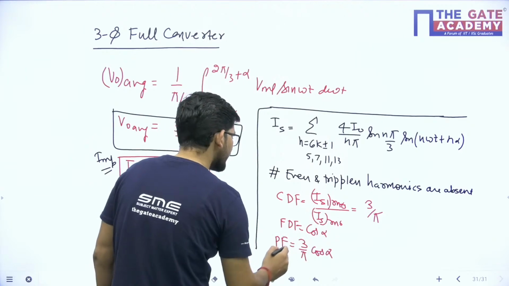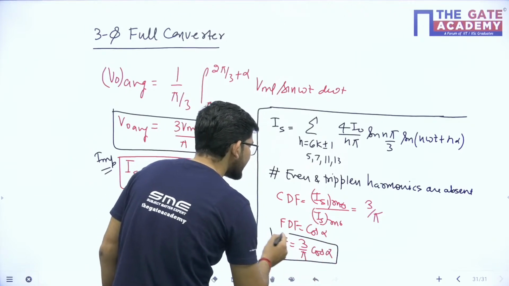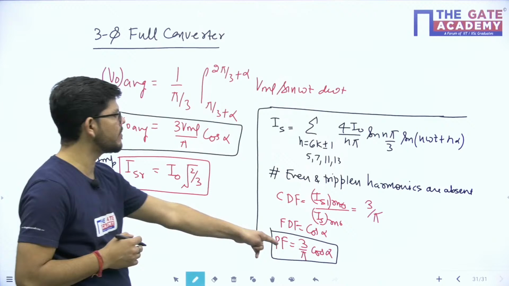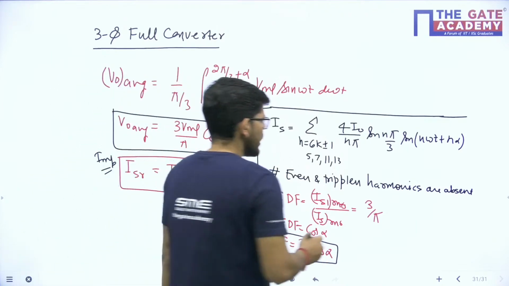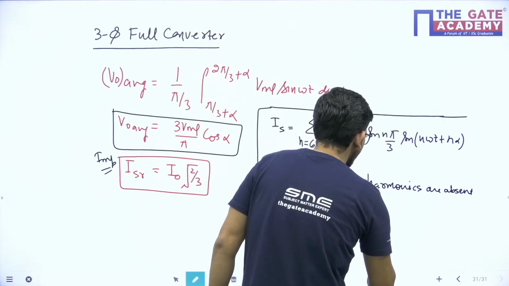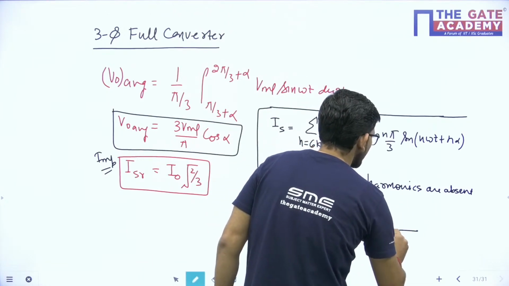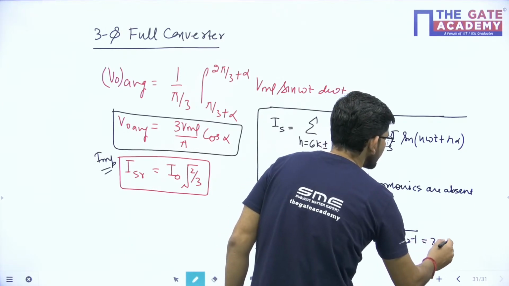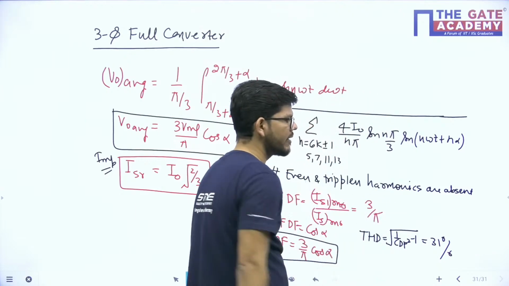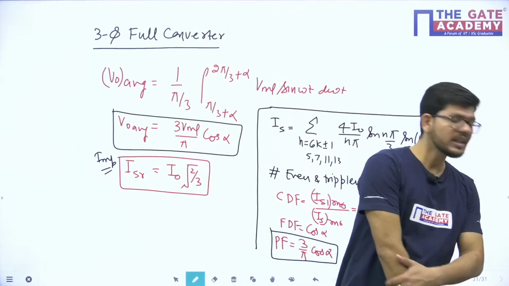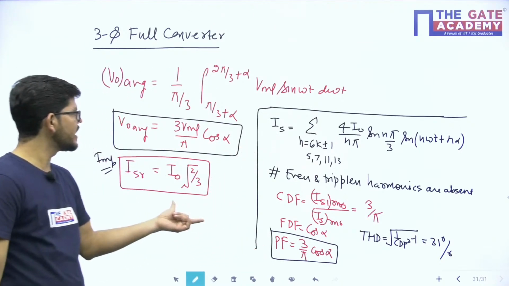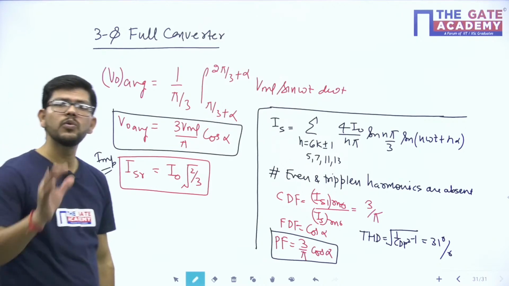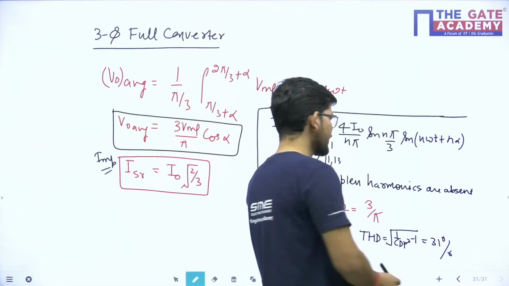If you know this formula, you can directly calculate the power factor just by knowing the value of the firing angle. Now if you calculate THD in this case, THD will equal the square root of 1 upon CDF square minus 1, which equals 31%. This has a fixed value, 31% here. Is that clear? So all these are the necessary and important formulas of the three phase full converter, my dear students.